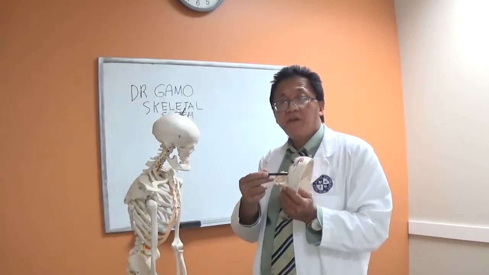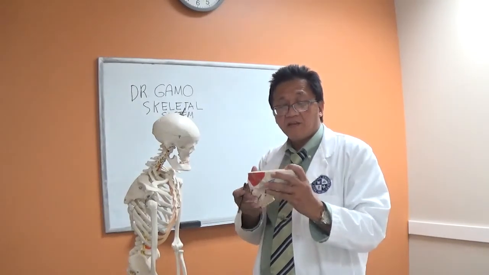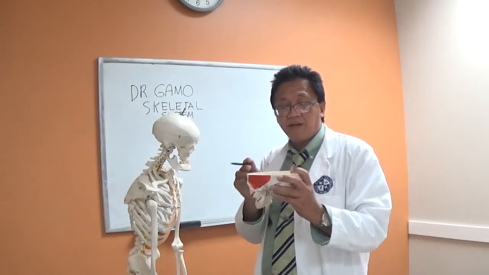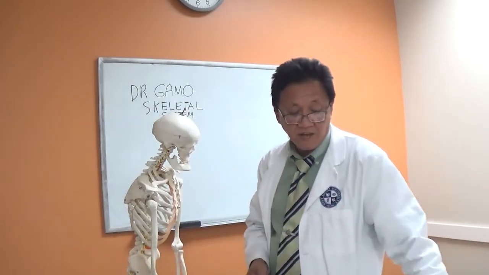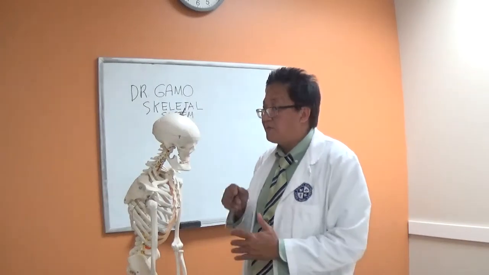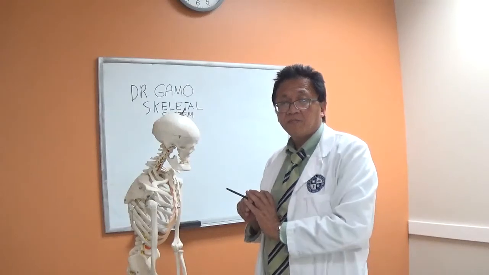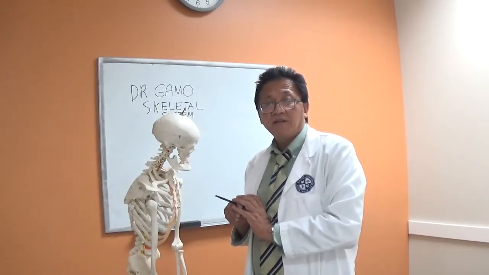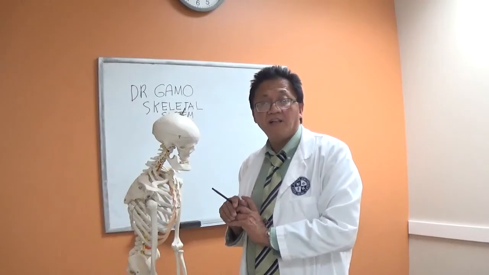This foramen magnum is where the spinal cord passes through, and that's important because it comes out from the brain itself. So these are the parts of the skull. As we said, the skull is made up of the cranium and the facial bones. That's it for today's lecture on the skull.